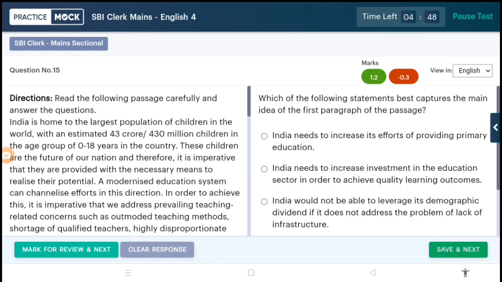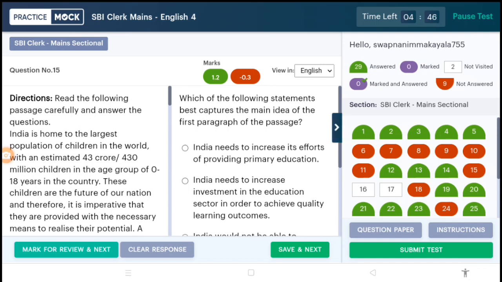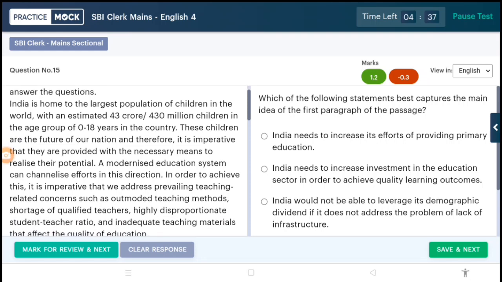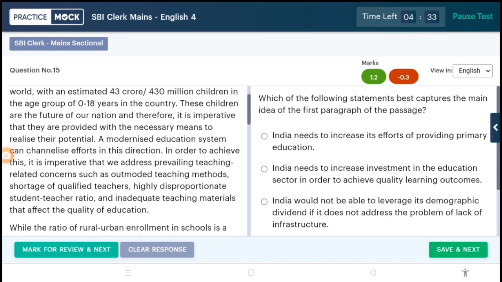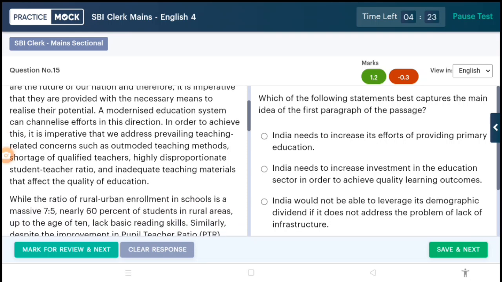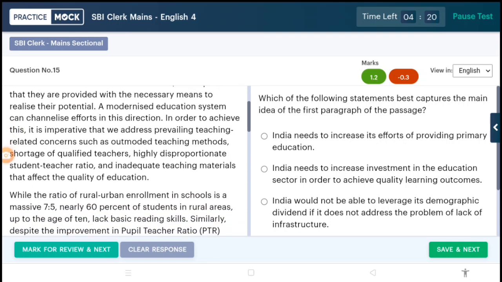Next. India is home to the largest population of children in the world, with an estimated 43 crore, 430 million children in the age group of 0 to 18 years in the country. These children are the future of our nation, and therefore it is imperative that they are provided with the necessary means to realize their potential.